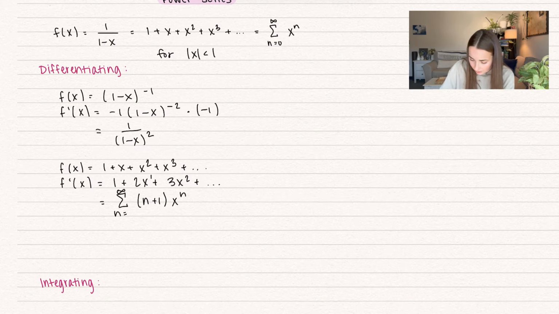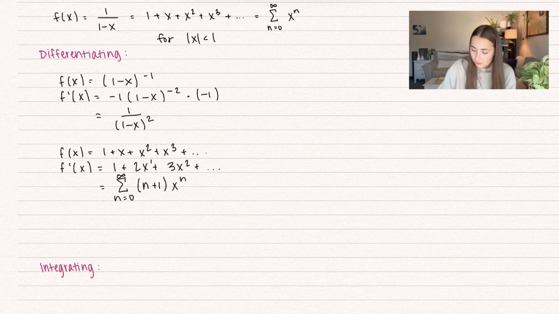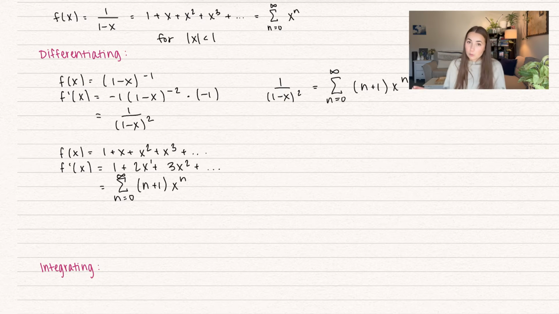I think, yep, we can go ahead and start at 0, right? If we plug that in, we get 1 times x to the 0, which is just 1. So what do we have? We have 1 over 1 minus x squared is equal to the summation n equals 0 to infinity of n plus 1 times x to the n. That is one way you can differentiate a power series, is you can just write out all the terms, take the derivative, and rewrite it as a power series.